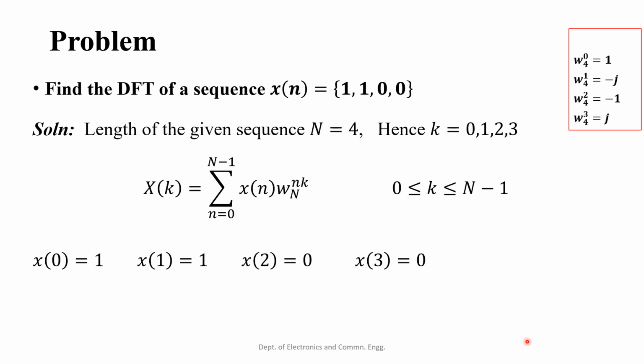Then at location 1, again the value is equal to 1. Then at location 2, its amplitude value is 0. At location 3, amplitude value is 0. That is being represented here.